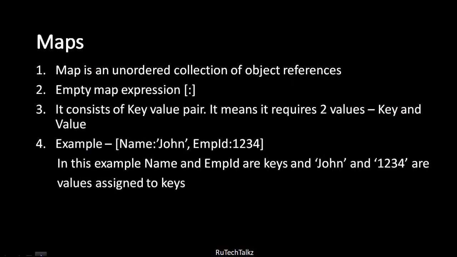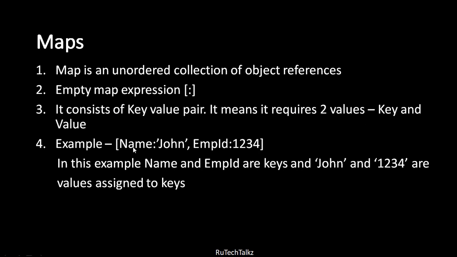What is a map? A map is an unordered collection of object references. An empty map expression is given in square brackets with a colon between them. It consists of key-value pairs, which means it requires two values: one is the key and another is the value.